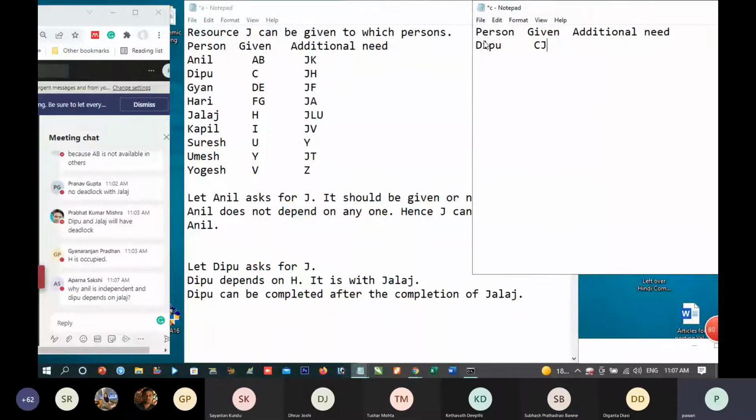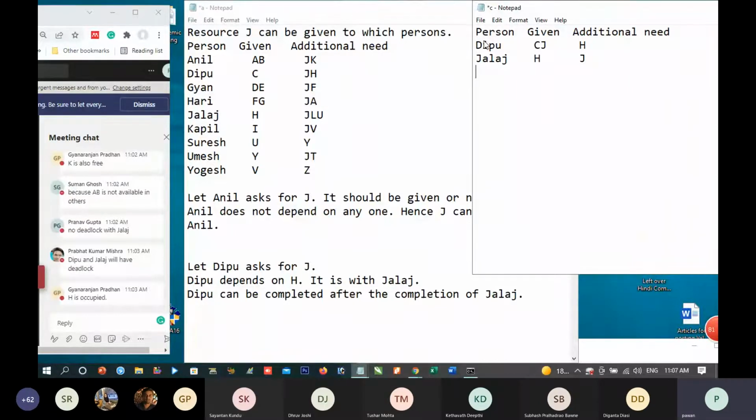And Deepu needs H, and Jalaj needs H. Jalaj is given H and it needs J. Now, the above will give rise to deadlock.